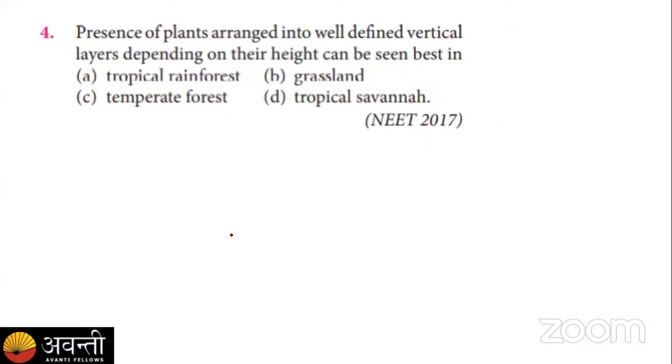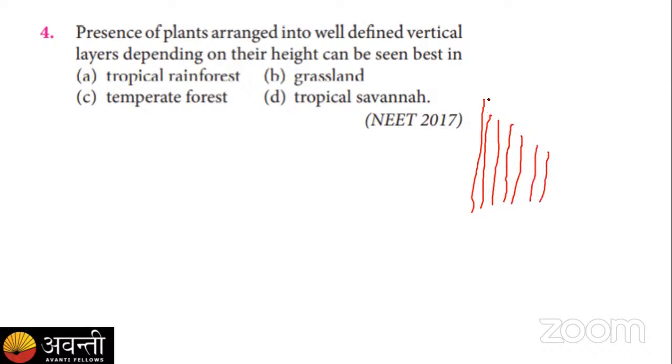Now, moving to our next question, question number 4. It says: the presence of plants arranged into well-defined vertical layers. Here we are arranging the plants in vertical layers, the tallest one first. As we move from left to right, the height of the trees decreases.